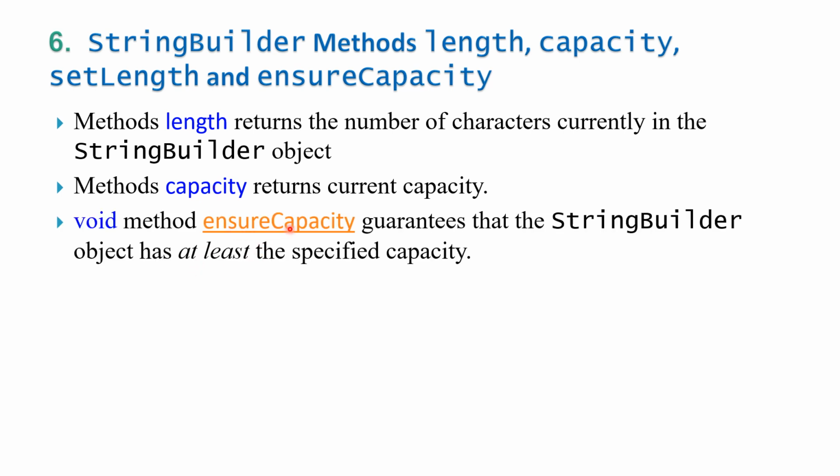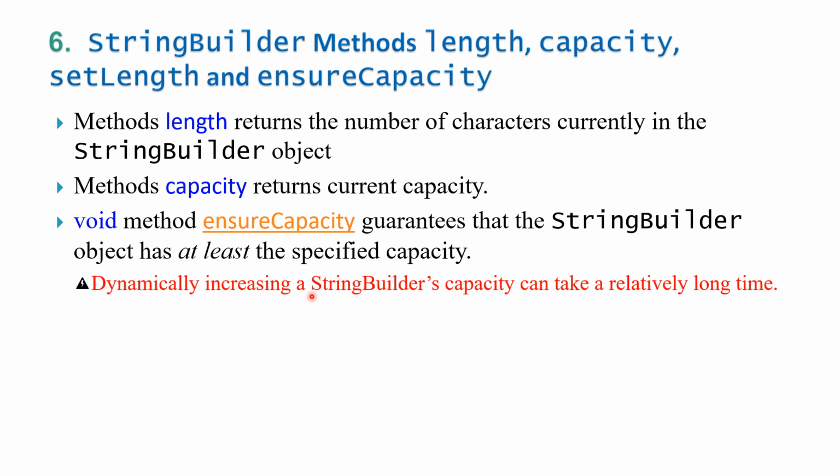Method ensureCapacity is a void method that guarantees that the StringBuilder object has at least the specified capacity, which is given as the argument of the ensureCapacity method.